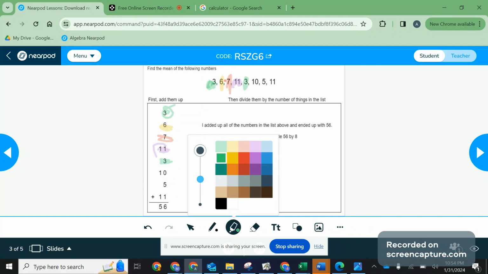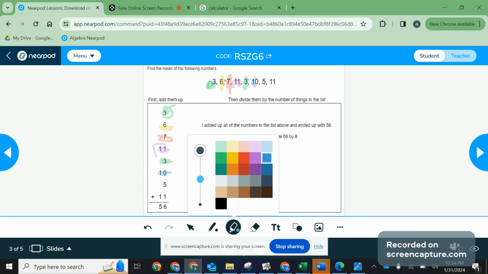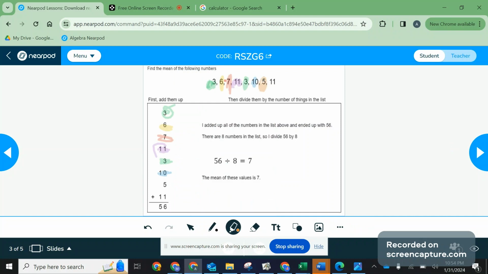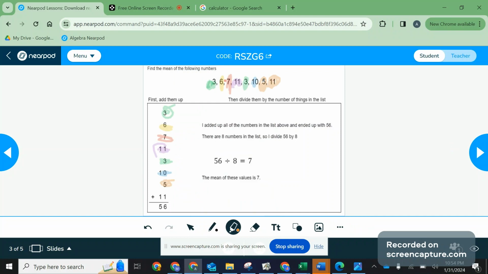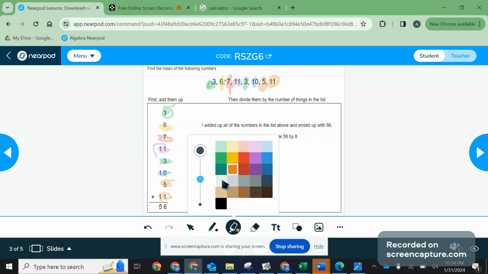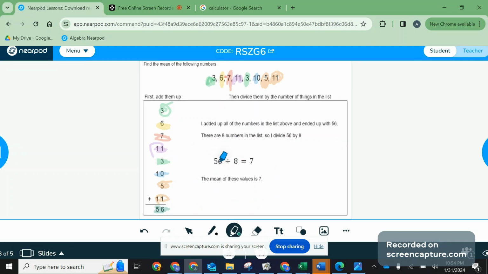I just keep working my way down, saying here's a 10, there's a 10, adding, adding, adding. You get the idea. When I take the 3, the 6, the 7, the 11, the 3, the 10, the 5, and the 11, and I add them up, my sum, my total, is this 56 right here. That 56 goes here.